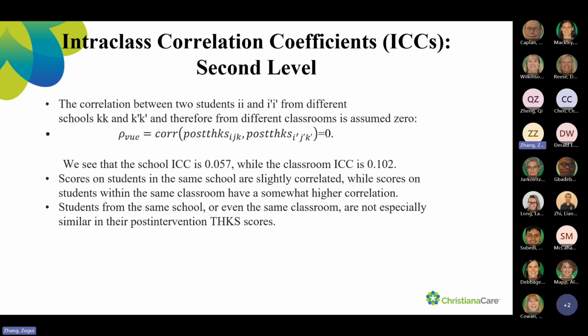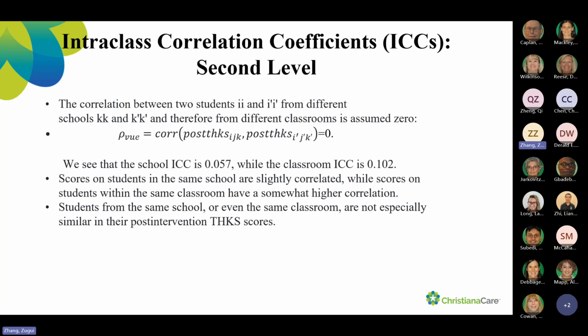So this is the reason we need to understand the difference in ICC for the second level and for the third level. We can see the ICC for school is 0.057 and the ICC for classroom is 0.102. Scores of students in the same school are slightly correlated, but scores of students within the same classroom have a much higher correlation.